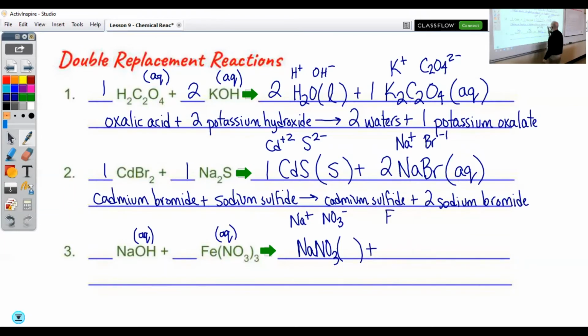We know that because it originally has 3 nitrates on it, so -1 each, that's -3, so this has to be +3. And OH, which is a -1 charge. We get a formula of Fe(OH)3.